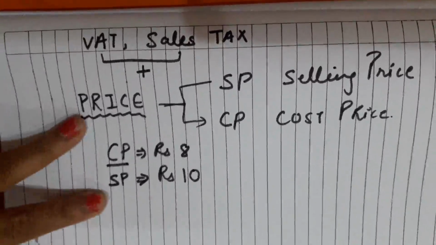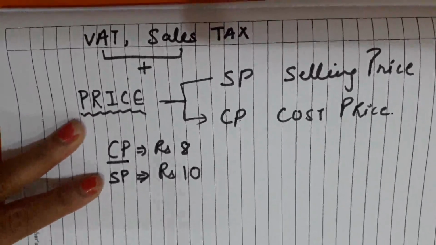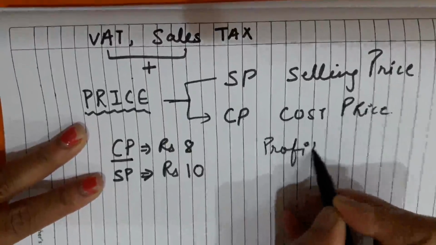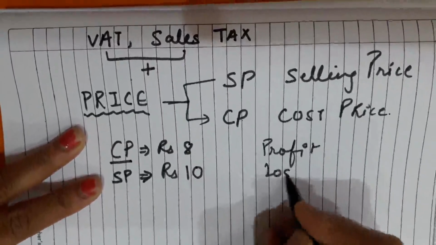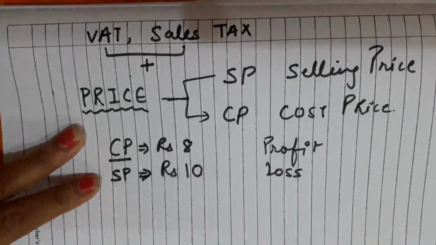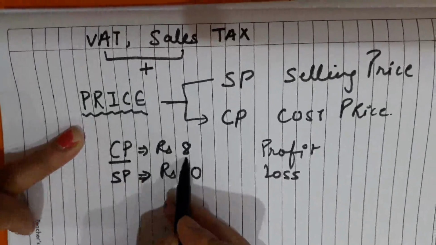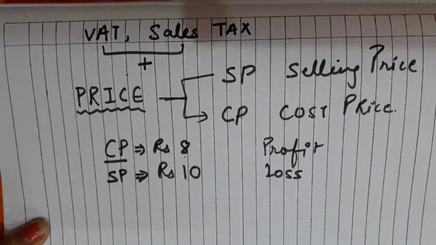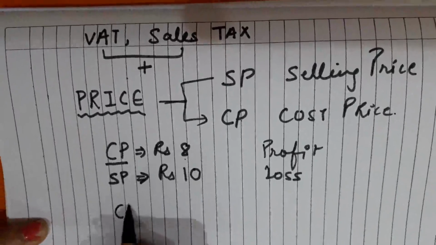So with this, two more terms come in front of you. One is profit and another is loss. So if I have bought the pen for rupees 8 and I am selling at rupees 10, what am I getting, profit or loss?